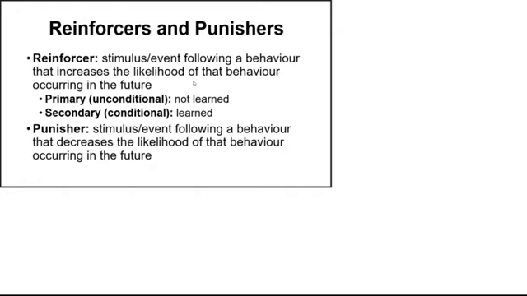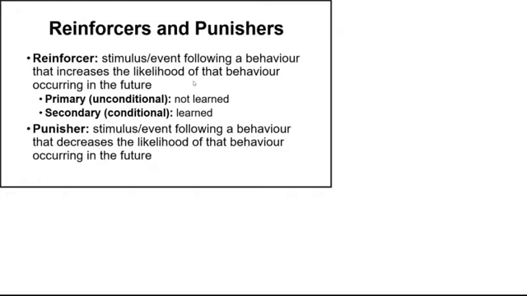So we could call it unconditional or unconditioned. There's no learning required. Food is a good thing because food nourishes us and we need it to survive. We could also have secondary or conditional or conditioned reinforcers, and these are ones that don't directly make us happy or don't directly do good things, but that we have learned are good things.